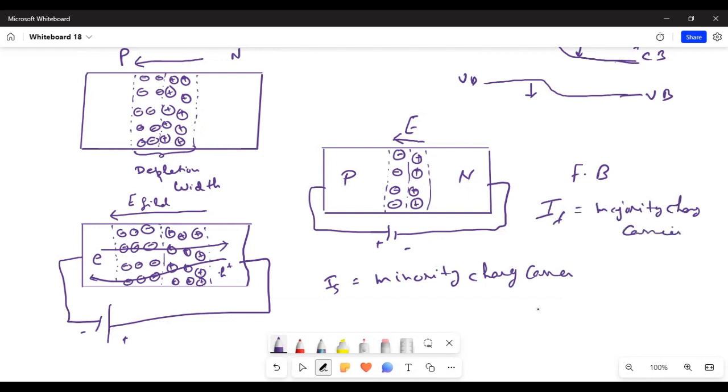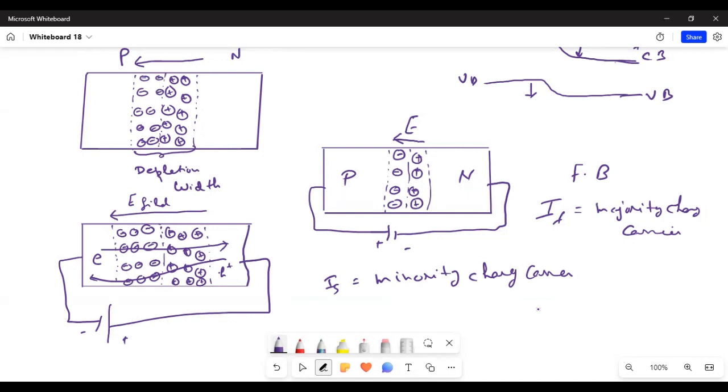So overall, we have a p-type semiconductor and an n-type semiconductor, and when we combine them, at the junction there is a formation of a depletion region, which consists of immobile positive and negative ions from the doping. When we apply a forward bias, this barrier reduces, and we see injection of holes from the p side to the n side and electrons from the n side to the p side, resulting in majority charge carrier current.